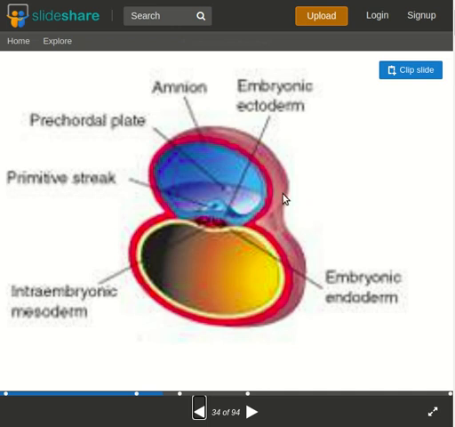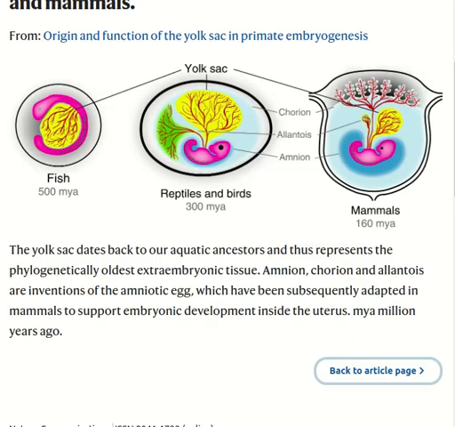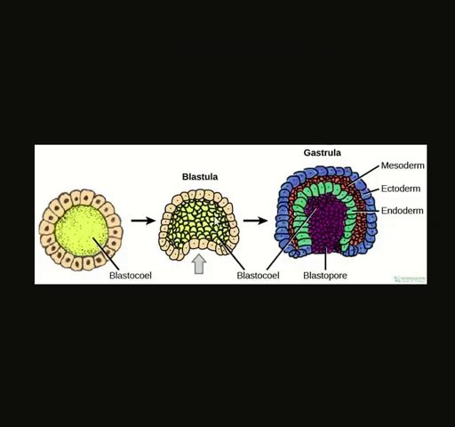So our egg now is called the blastula and undergoes cell division called blastulation. A blastula is an embryo consisting of a spherical cell layer and a fluid-filled cavity.